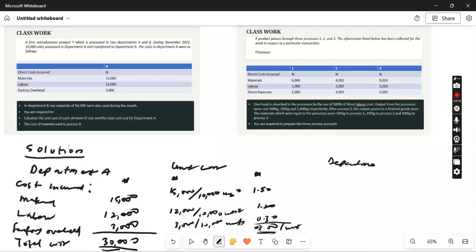Now, we should know that for department B, this total cost here is the output.